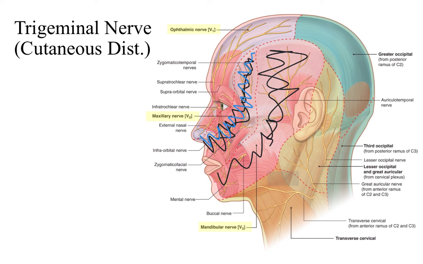And the ophthalmic nerve, the first division, will supply cutaneous innervation to this area right here. Whereas the rest will be supplied by the dermatomes that we talked about coming from spinal nerves.